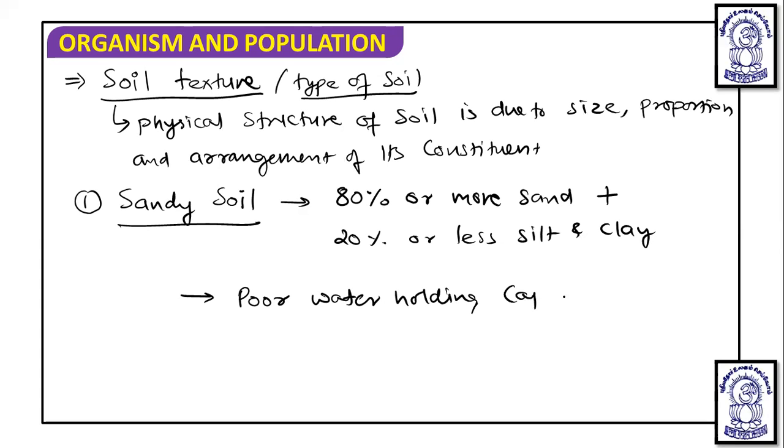Why? Because the size of sand particles is larger than clay and silt, and if the soil particles are larger, the spaces between them will be larger, so water cannot be held in them. Water will ultimately wash down and will not be held by this sandy soil. Apart from this, the soil is porous and loose, and it has little chemical nutrition.